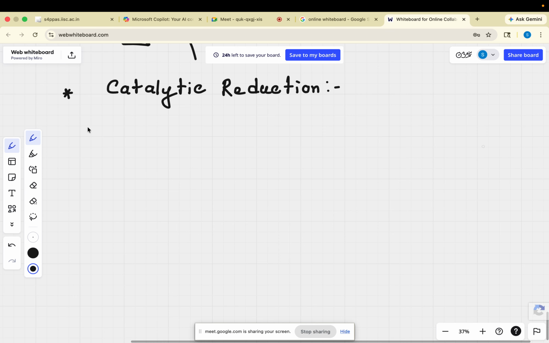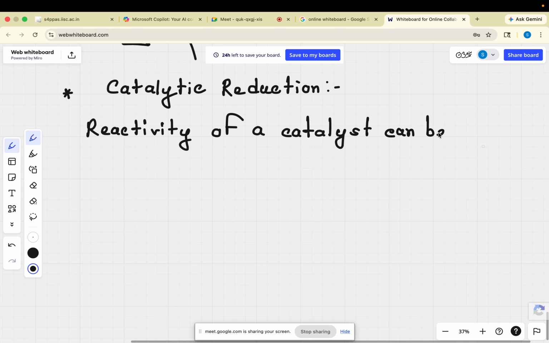So first of all, write down one line: reactivity of a catalyst can be increased, and if reactivity is increasing, then the selectivity is decreased.